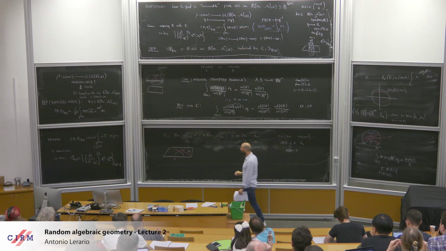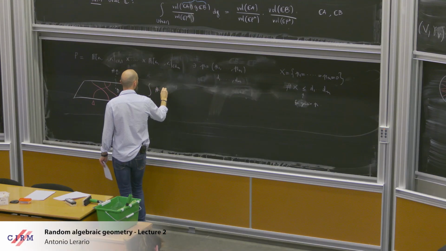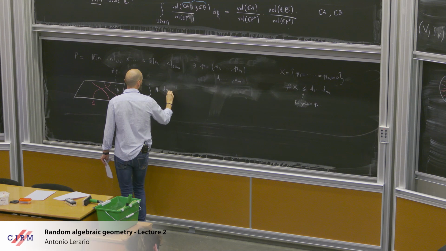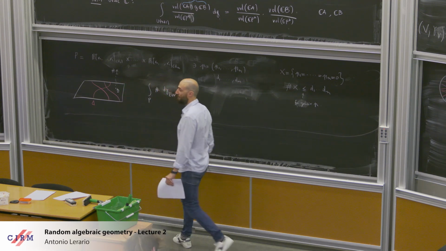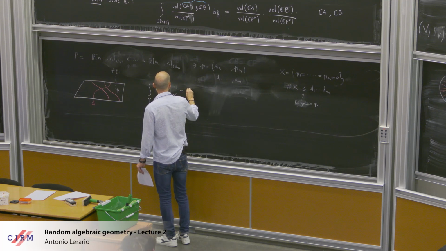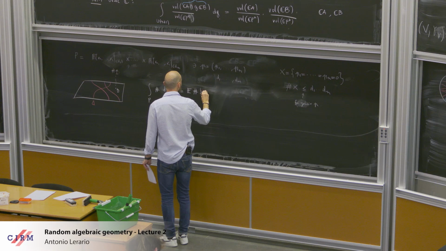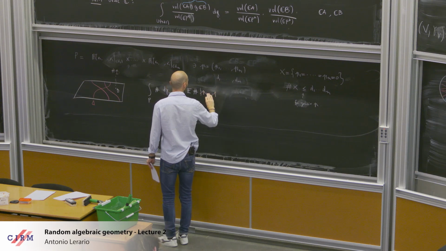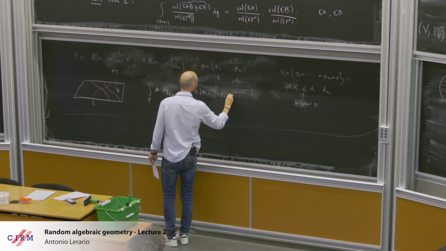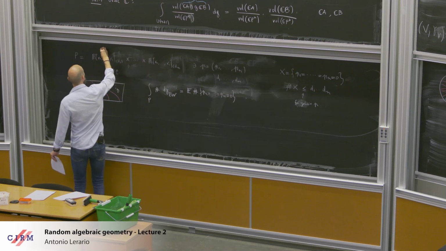And the question is, can we compute the integral of this function with respect to the Bombieri-Weyl distribution? This means, what is the expectation of the number of solutions of this system of random equations of degrees d1 up to dn, where each polynomial is random, and I'm taking the product measure here.